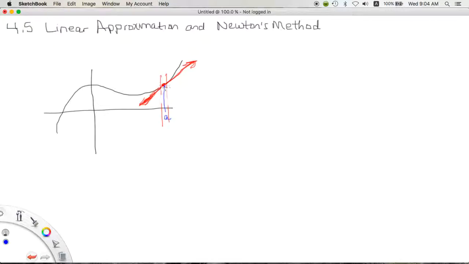So if the x value is A, that means the y value is f of A. So at the point A comma f of A, we have this tangent line, which means the slope is the derivative at that point. Remember, the slope of the tangent is the derivative at that point.